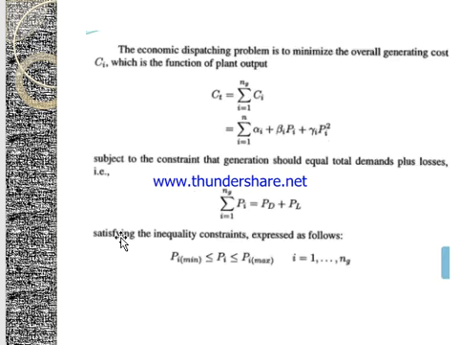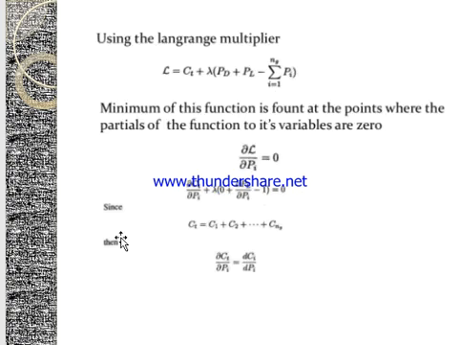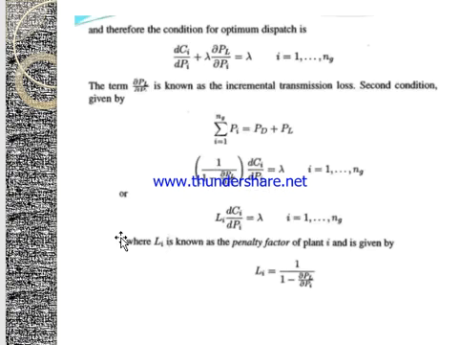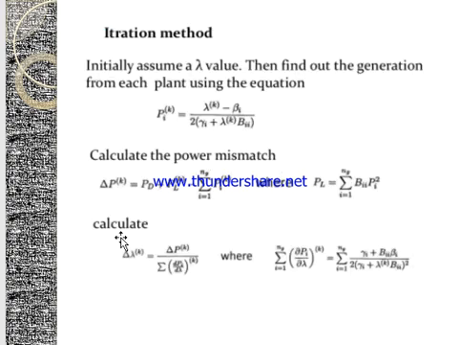While considering this, we have to redraft the equation, and here come the inequality constraints of the power, minimum and maximum values. Then we find the Lagrangian multiplier, differentiate it and equate it to 0, which gives the minimum value, and finally we get the equation. We have to find the penalty factor and the lambda value.